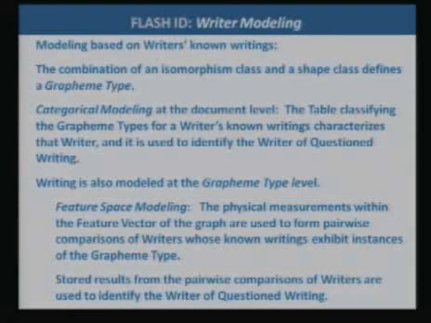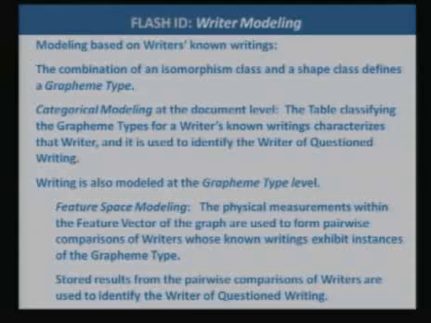We now move to the modeling that we do for a database of writers of interest, their known writings, putting them into an analysis database. The key element for that modeling is grapheme type. Grapheme type is a combination of the isomorphism and the shape, the two classifications.